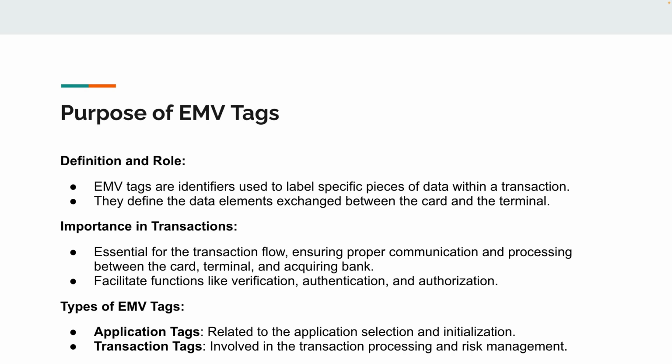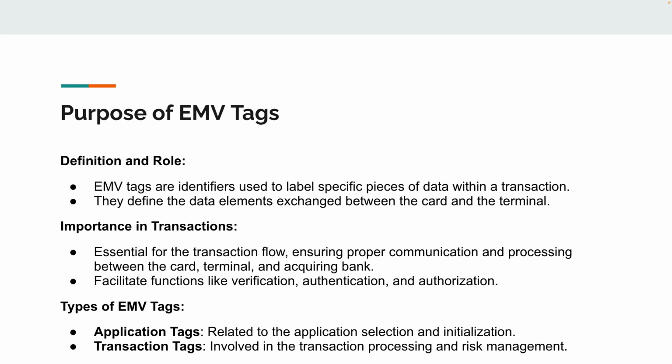Okay, so when a communication happens between a card and a POS, you see some pieces of data that fly back and forth between those two, the card and the POS, right? And then the POS sends some data again upstream.